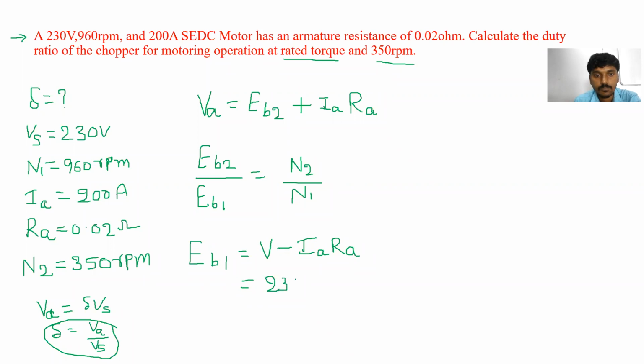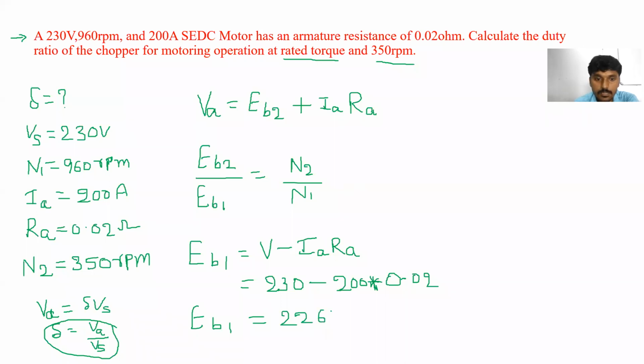That is equal to 230 minus 200 into, what is the value of armature resistance? 0.02. So what is the value of EB1 here? 226.